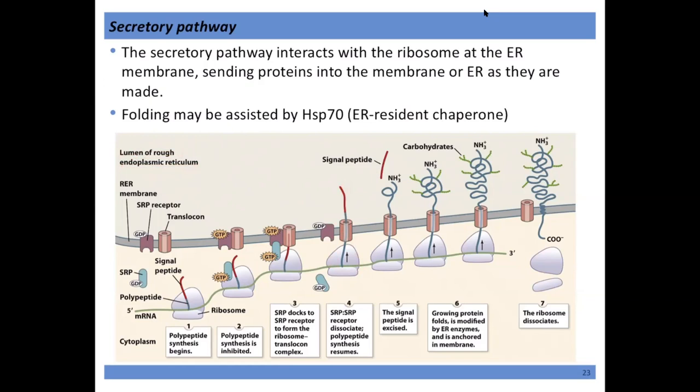Now that signaling peptide, which is what indicates that this needs to be dropped into the endoplasmic reticulum, is cleaved off. And then as the protein is made, there is some processing. You can add carbohydrates on there. And then either this protein is released into the endoplasmic reticulum for further processing, or it is incorporated and embedded in the endoplasmic reticulum right there.